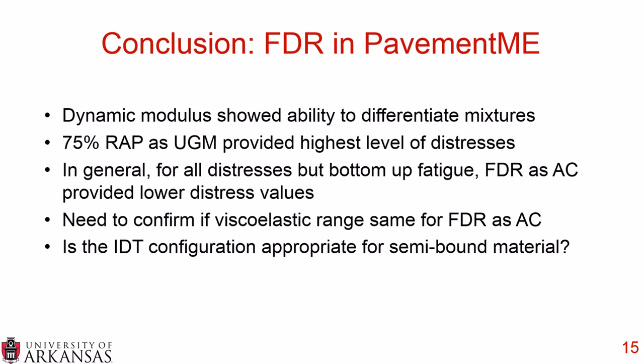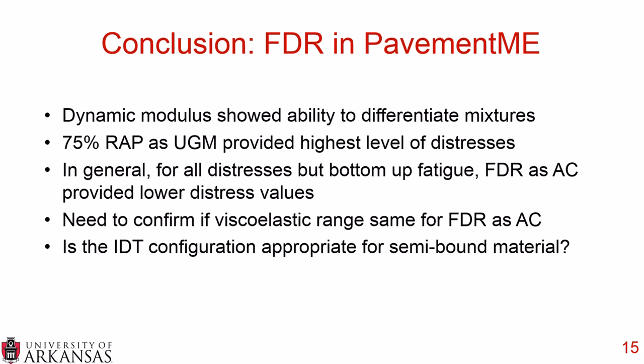And also the IDT configuration was developed and used because when you take cores out of the field, you punch a 6-inch hole into the road with the core barrel. So it's very easy then to run that IDT configuration in the lab, especially on the thinner pavement layers. But we need to ask the question, is this an appropriate configuration for semi-bound material?